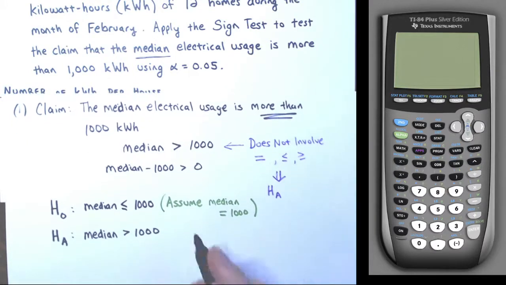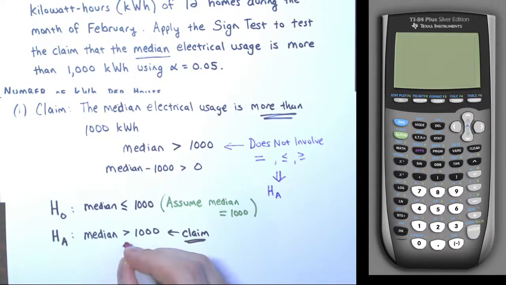And I'll make a point to say that the claim is down here. The claim is in the alternate hypothesis this time. And looking at the symbol, it's just greater than. So normally this would be a right-tailed test, if we were working with the normal distribution or some other distribution like chi-squared.